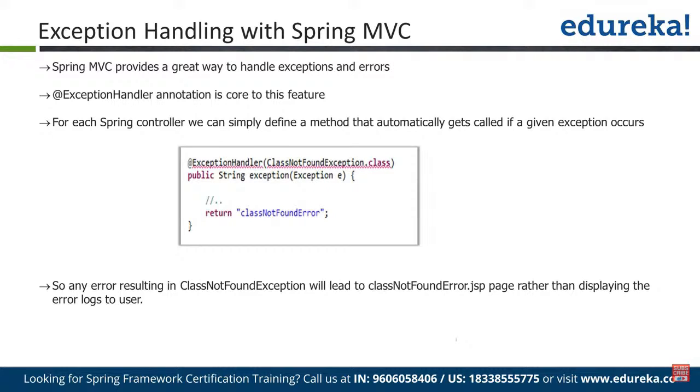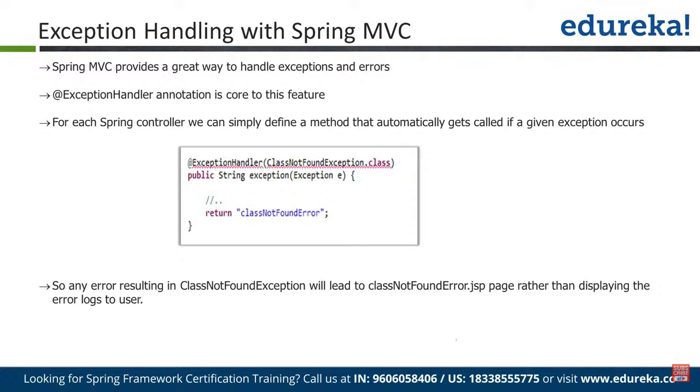For example, you have one controller, let's say LoginController. If there is any ClassNotFoundException, any IOException, or any of your customized exceptions, let's say MyAppException. So if you see that any exception is going to occur in any of the methods of your controller, let's say LoginController, you just need to write this method with the annotation @ExceptionHandler and the exception class inside the brackets of it.